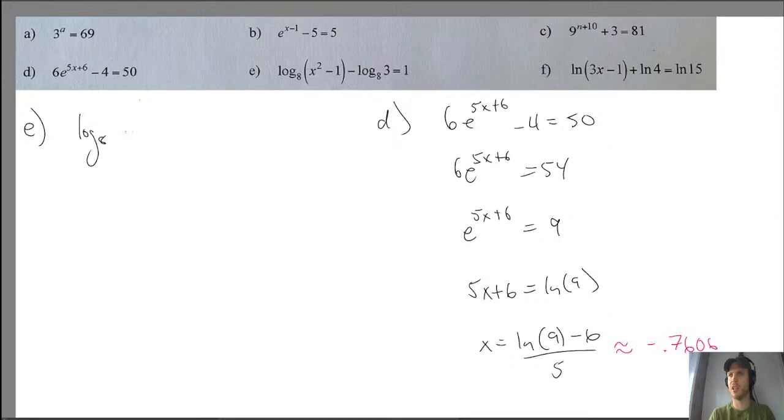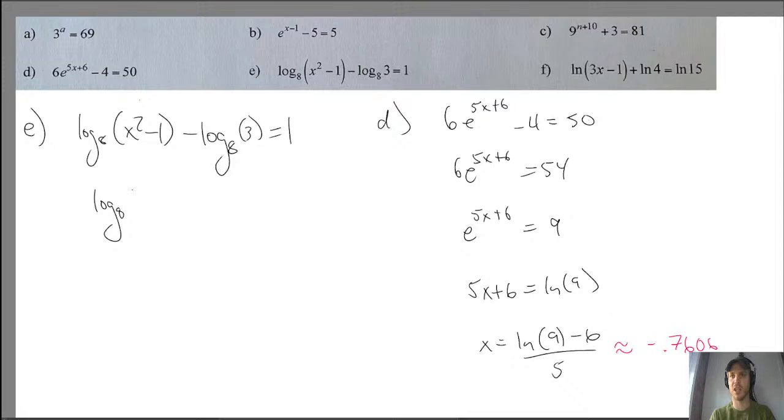Log base 8 of x squared minus 1 minus log base 8 of 3 equals 1. We can use a sum product rule here, so I guess it'd be a quotient. So this is log base 8, the quotient difference here, right?